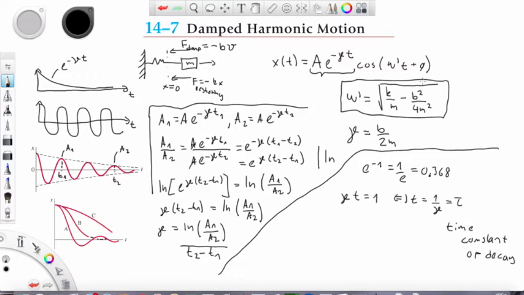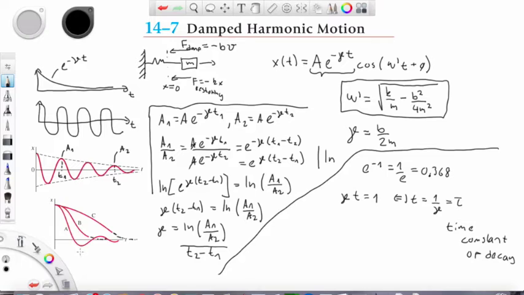So in that case, the motion is not described by the sinusoidal wave function. In fact, it will look something like the curve C here, where it takes its sweet time to approach the steady state value, which is 0, of course.